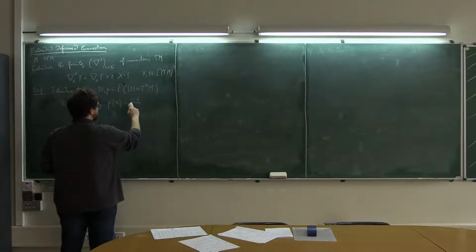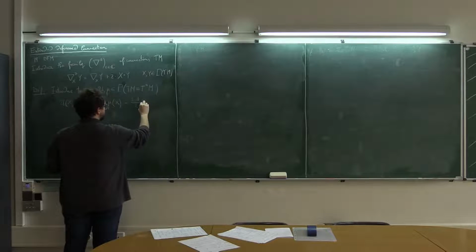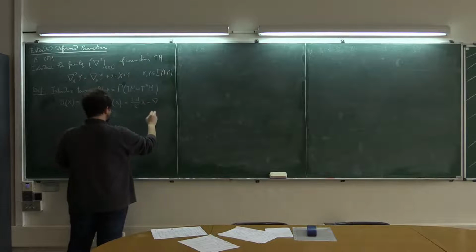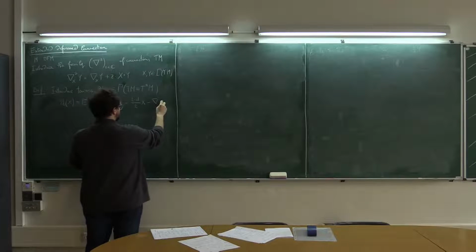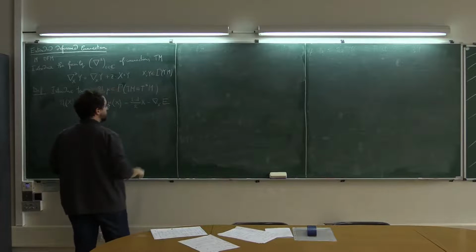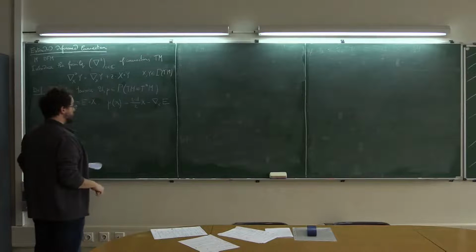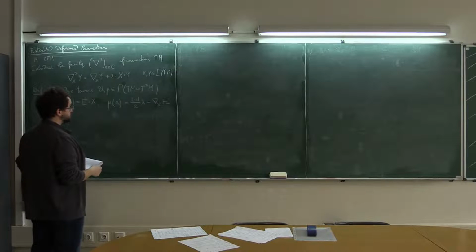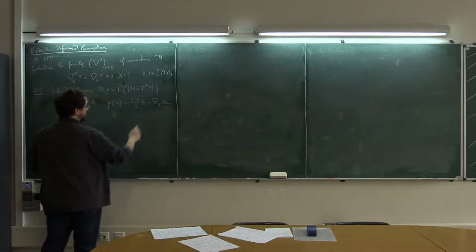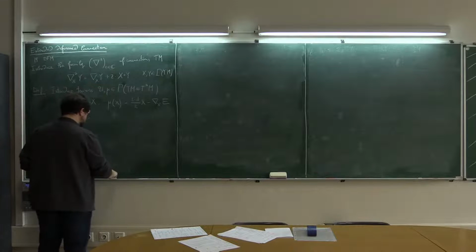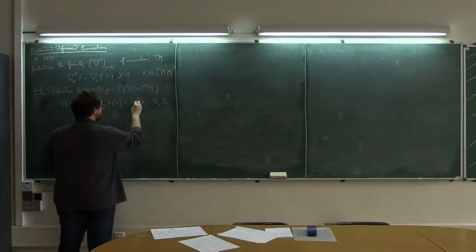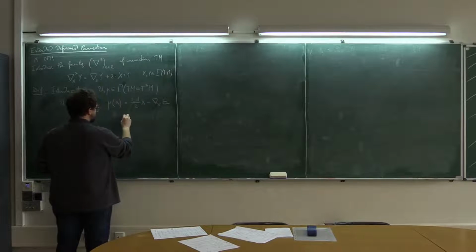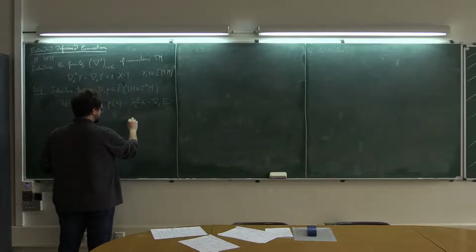You take 2 minus d over 2 times X minus the Levi-Civita derivative of the Euler vector field along the vector X. So here d, small d, denotes the charge of the Frobenius manifold.